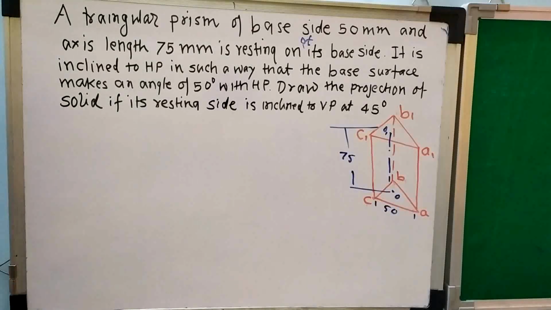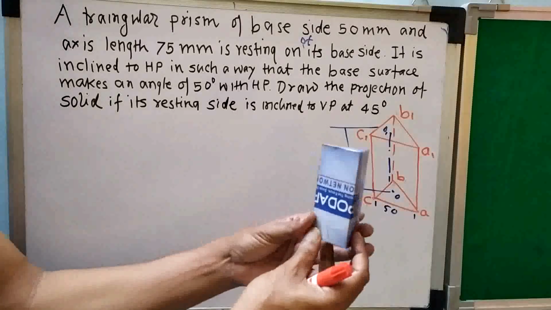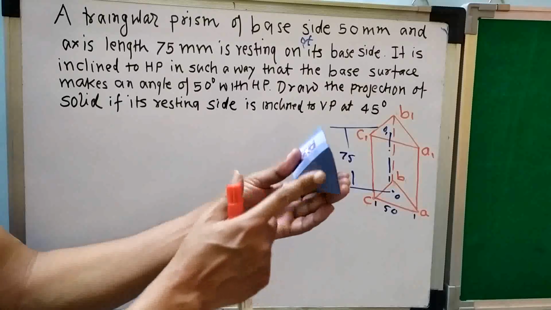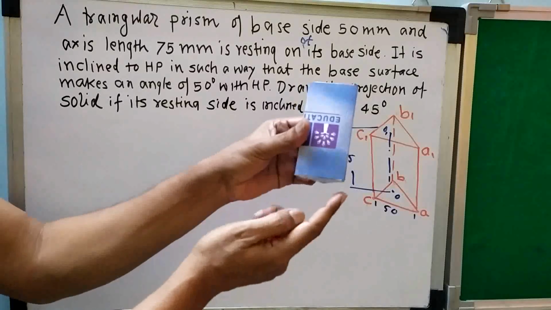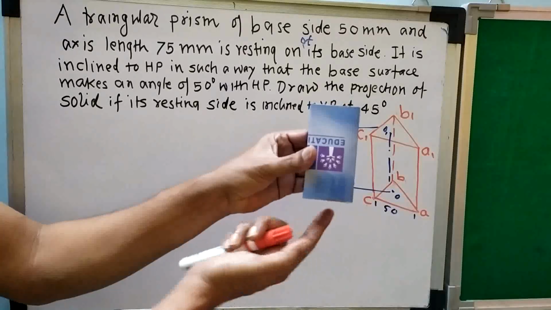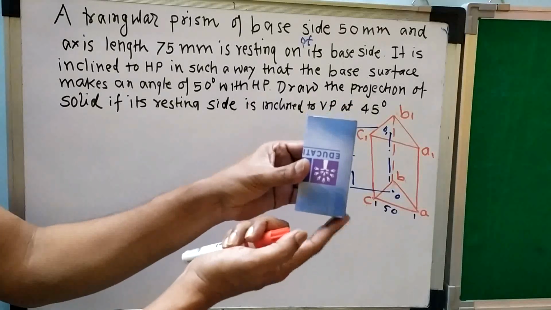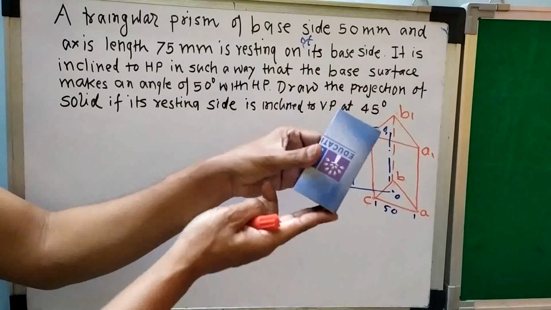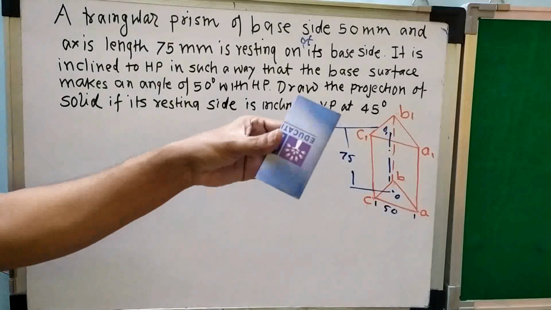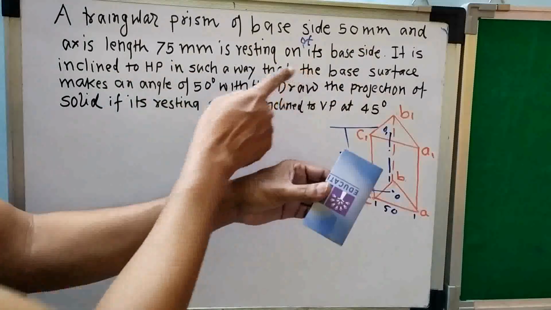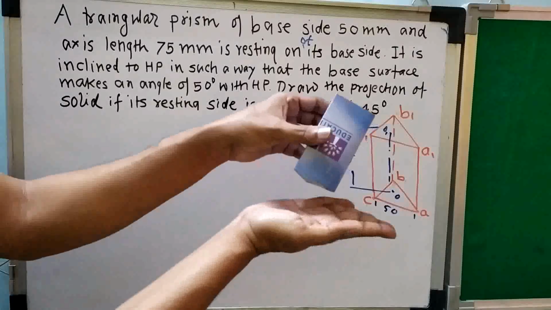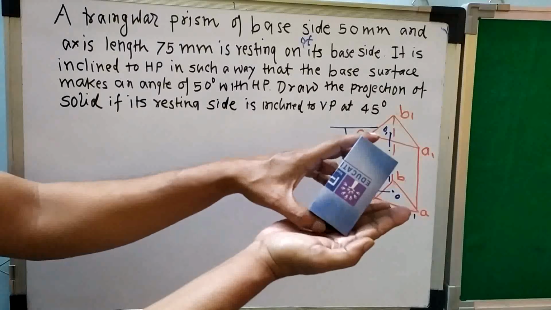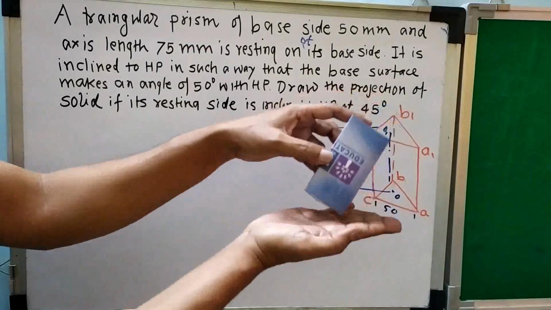Suppose this is the triangular prism, this is the base, and this is the AB side, with A, B and C. It is resting on this AB side such that this surface is inclined to HP at an angle of 50 degrees. So this surface is inclined and resting on the HP.